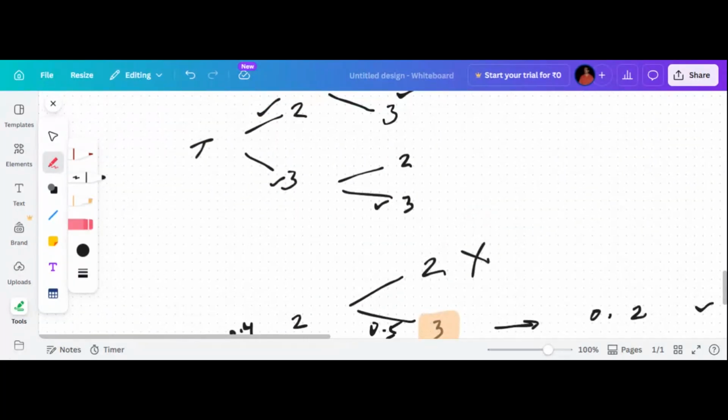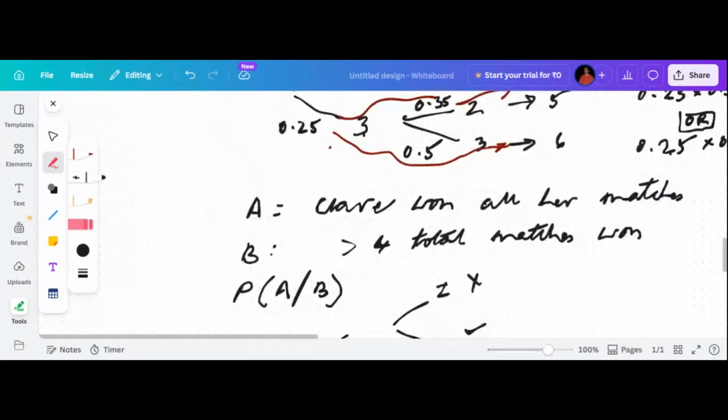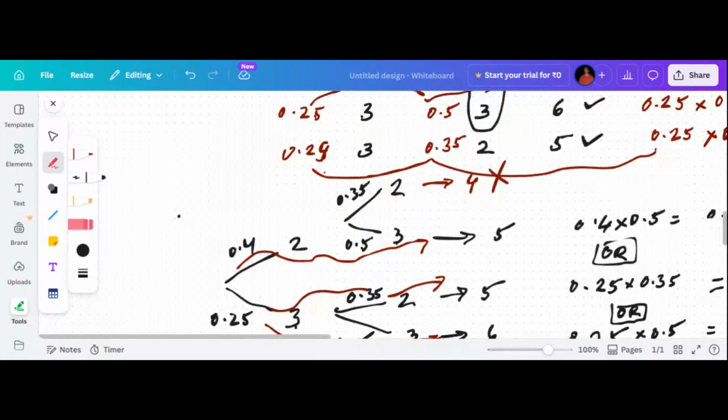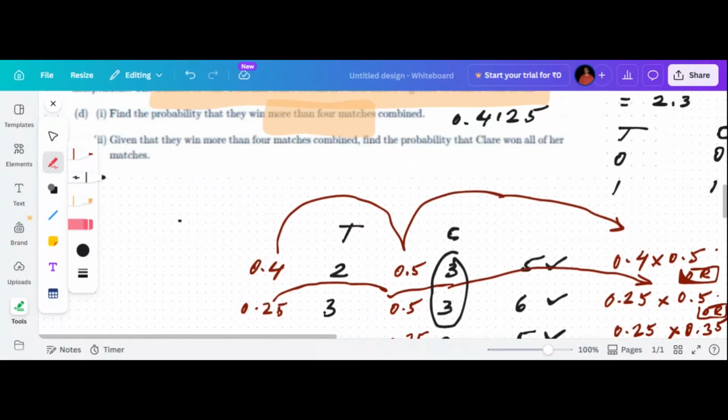So the probability that Claire won all her matches, given that they won a total of more than 4 matches, is 0.7878. This is equal to 0.788 to 3 significant figures. Okay, so I think we will stop here. Thank you very much.